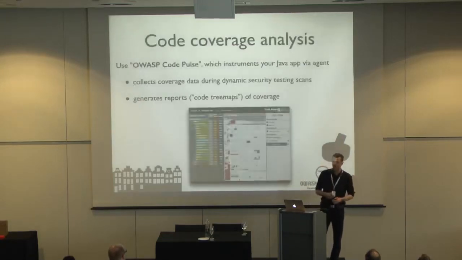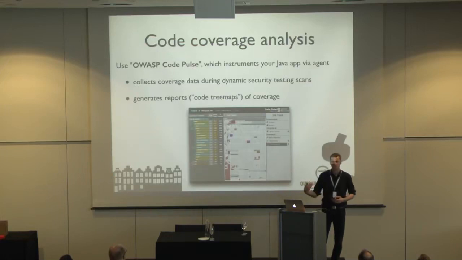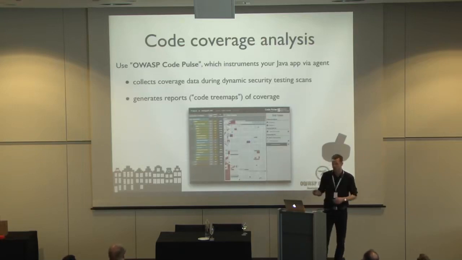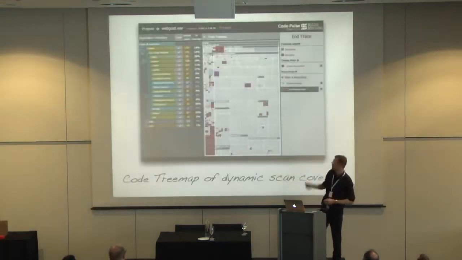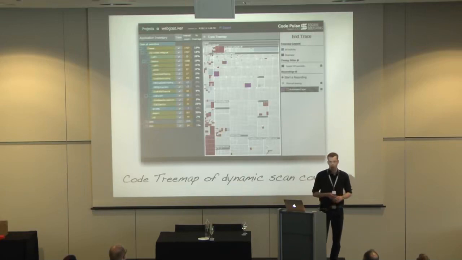For this, you could use the OWASP Code Pulse project, which does some instrumentation on the server while you execute the security checks, and generates a coverage report nicely represented as a tree map. Just zoom in, where you can see what packages in your code have not yet been tested by these security scans, so that you're not in a false sense of security.